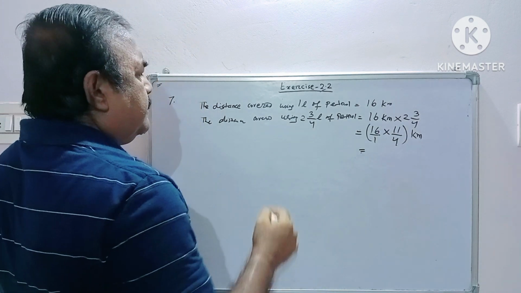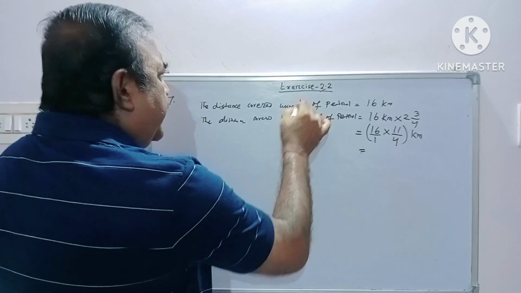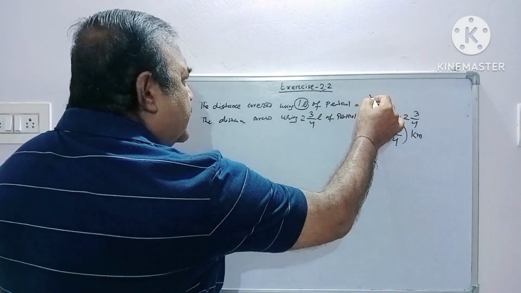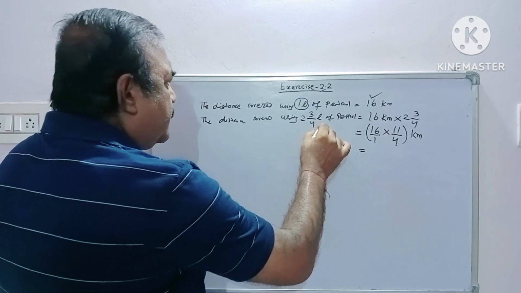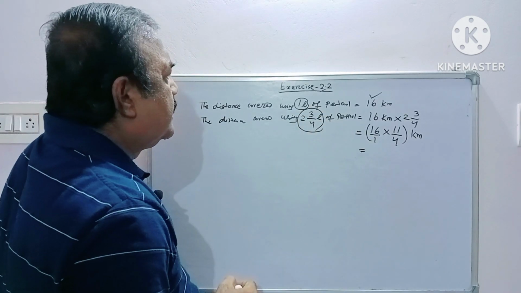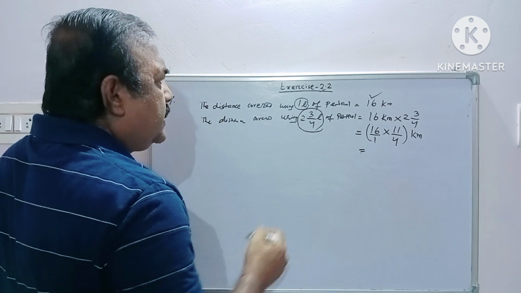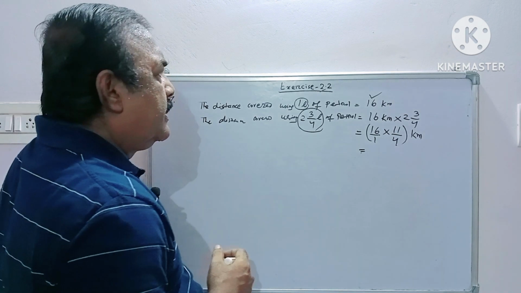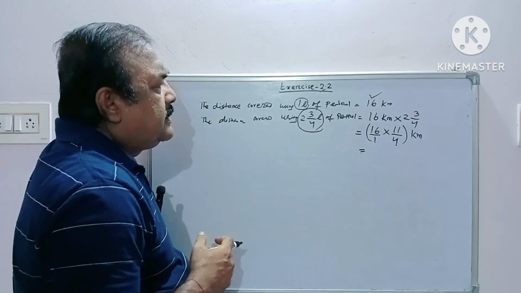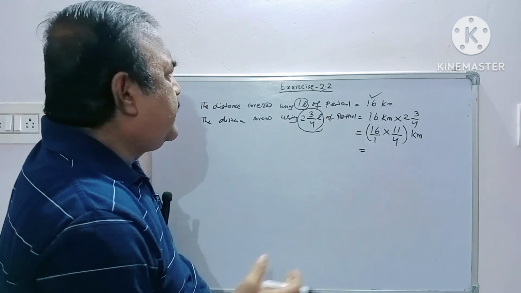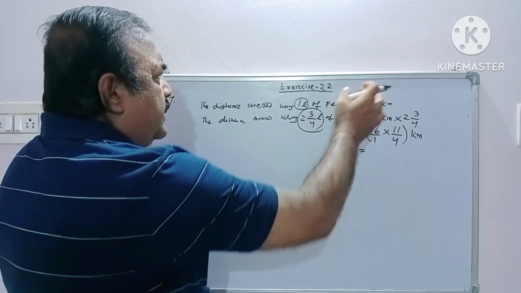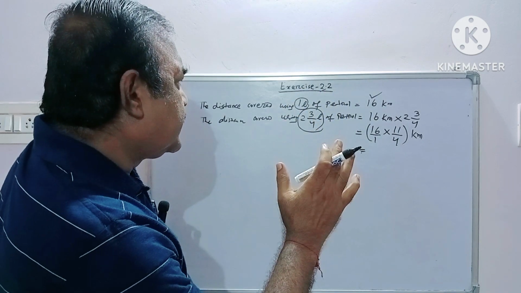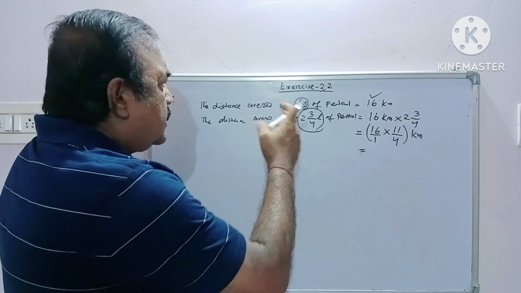And you will see, from 1 to many, you know the unitary method. For 1 liter if the distance is 16 km, for more than 1 liter, the distance will definitely be more, so we have to multiply. From 1 to many, if the left side is proportional to the right hand side, here it is the distance in kilometer and here it is the amount in liters.